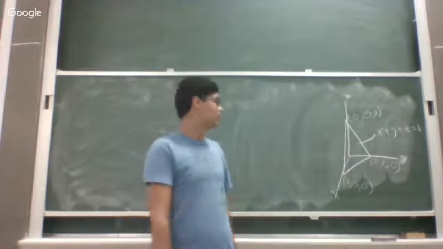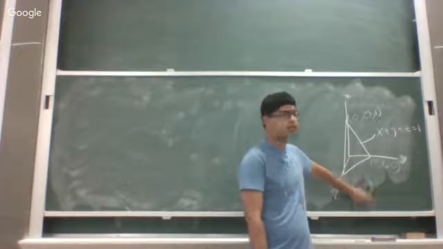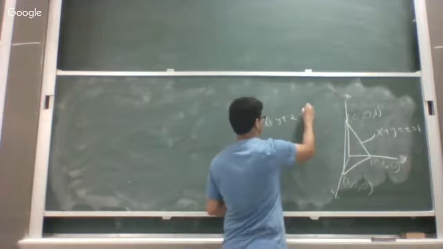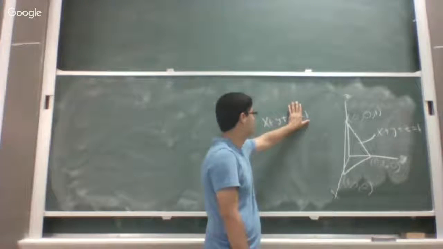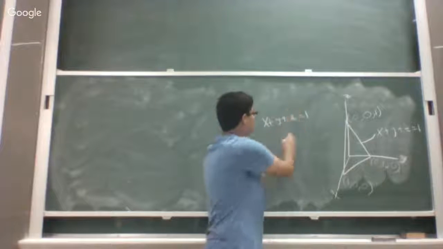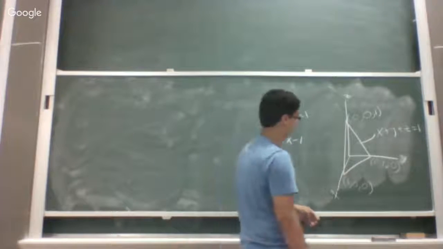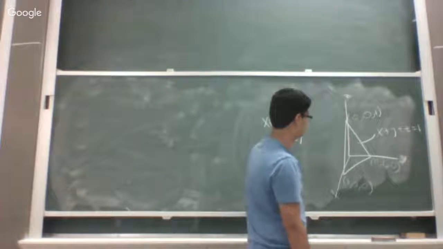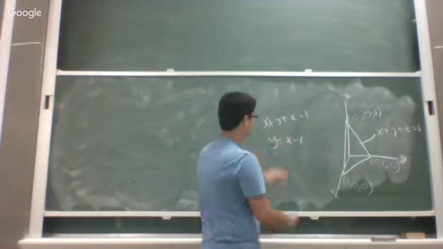Could you draw that for us? The way you would draw it is looking at the xy plane, right? So the equation is x plus y plus z equal to 1. In the xy plane, there is no z component, right? So x plus y equal to 1, y is equal to 1 minus x.